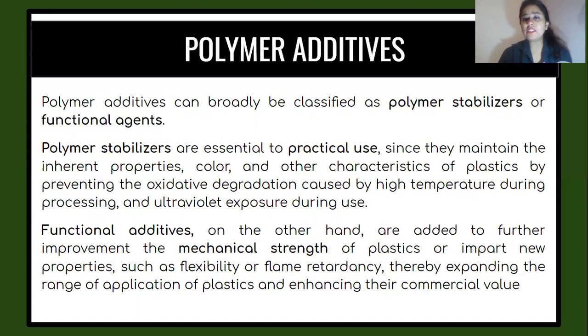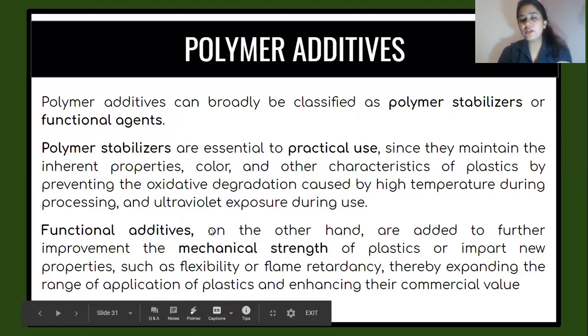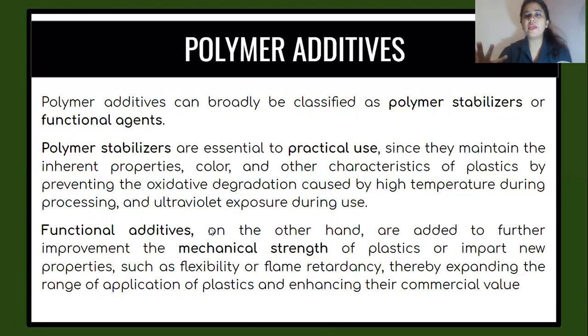Even if you preheat it and keep it through temperature fluctuations, it will not melt, it will not get degraded, it will not leave its scent or its color. When plastics have such enhanced commercial value, it is because of the addition of functionalization additives, which provide the mechanical strength to bear the flame retarding capacities and all the changes that you're making into the polymer.